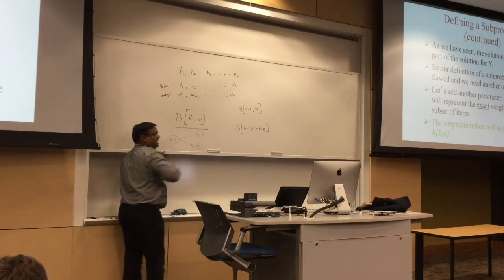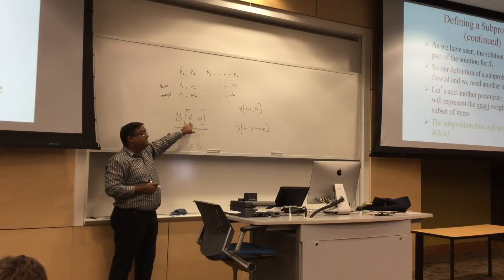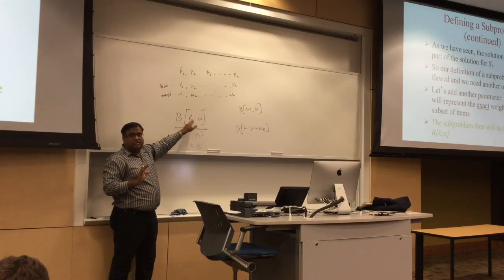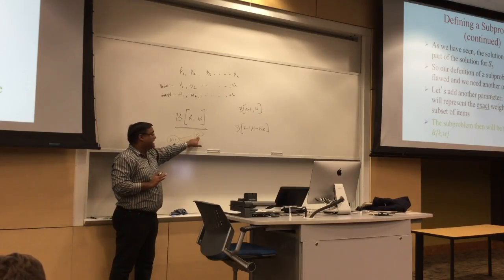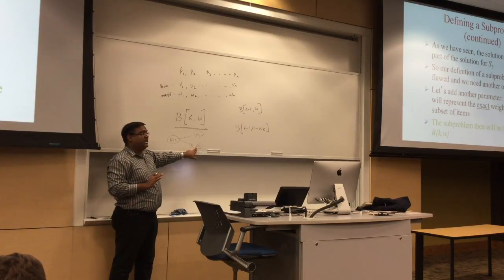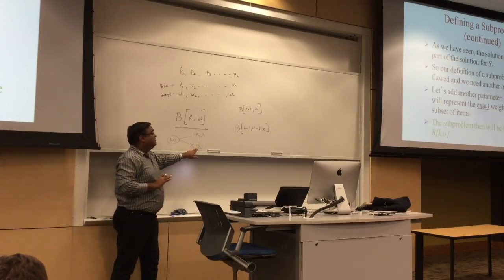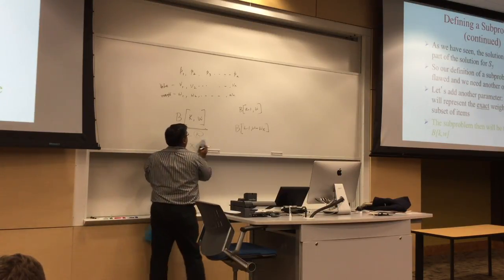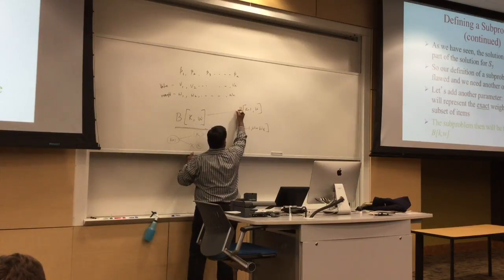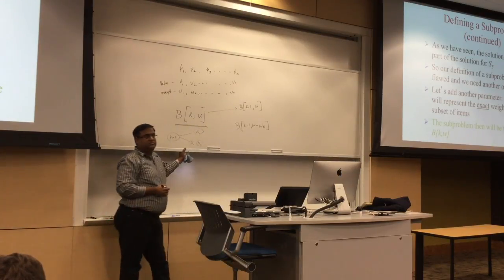And that's where I reach here, after I've considered k items. So the step before this is, I have considered k minus 1 items, and then I made the decision: either I chose the kth item or I did not choose the kth item. So if I did not choose the kth item, then this is equal to this, right?